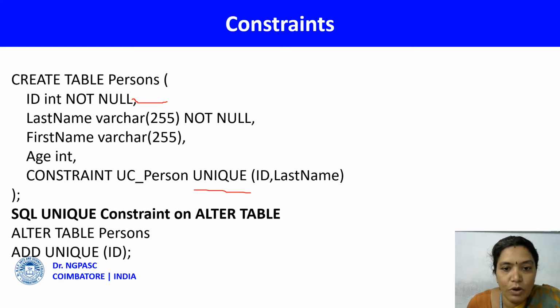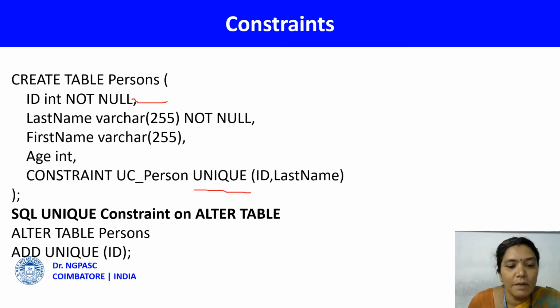For both the columns I am adding the unique key constraint. Since I have created it after the completion of my column definitions, this is called a table level constraint. So I can define more than one column at a time at the table level.